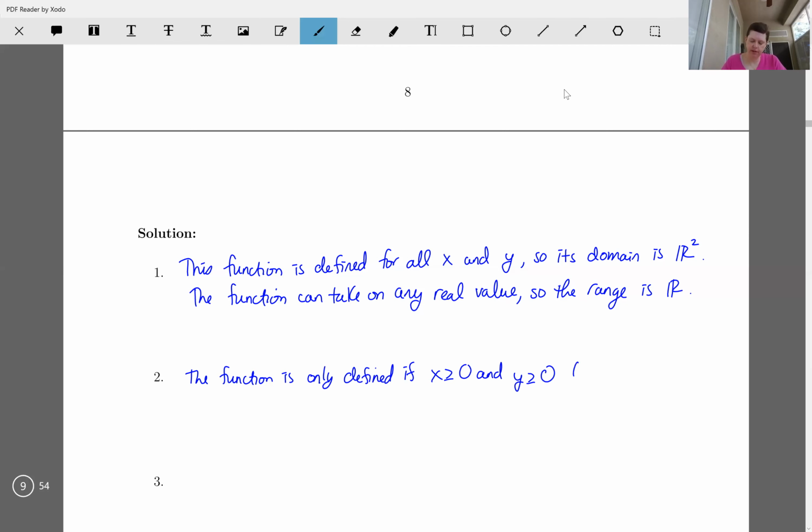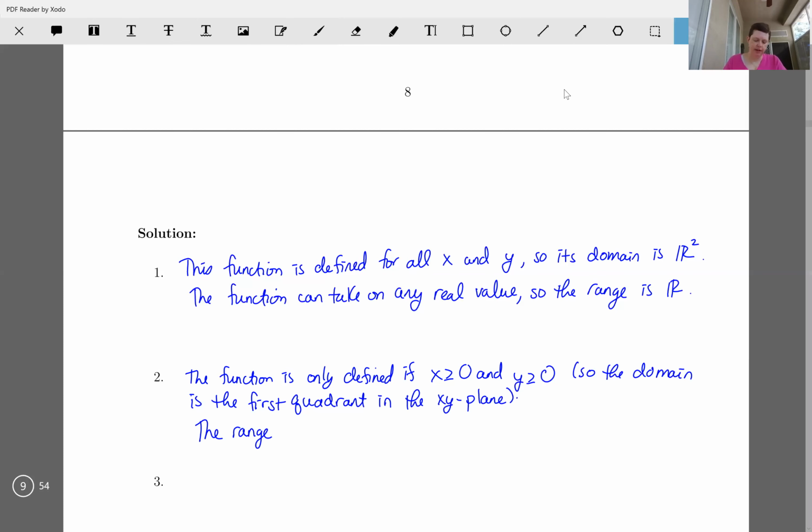So the domain is the first quadrant in the xy plane. Okay, what about the range? Well, the range is only numbers greater than or equal to 0. And so the range is z has to be greater than or equal to 0.